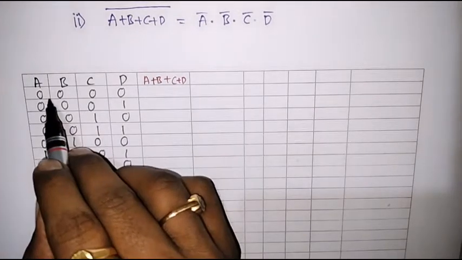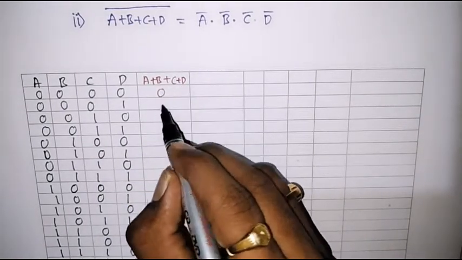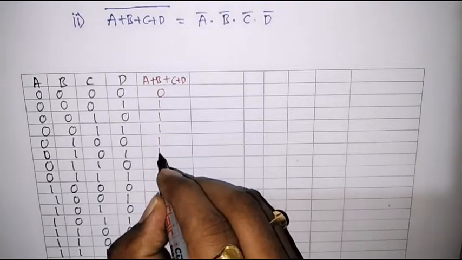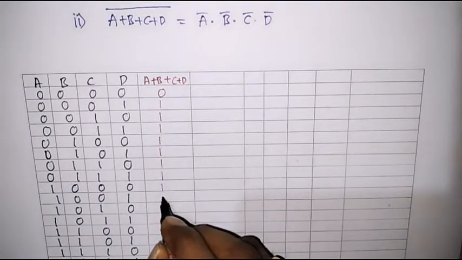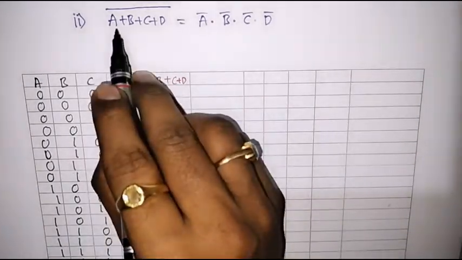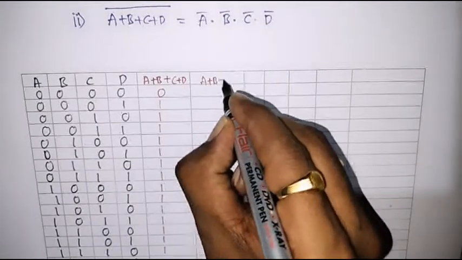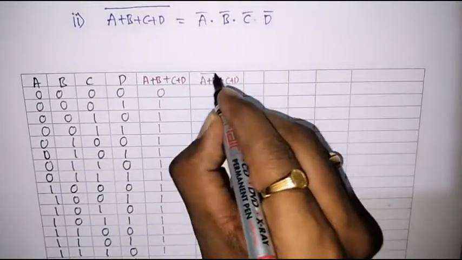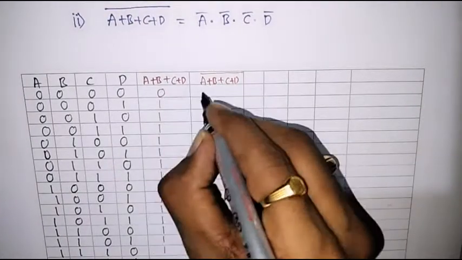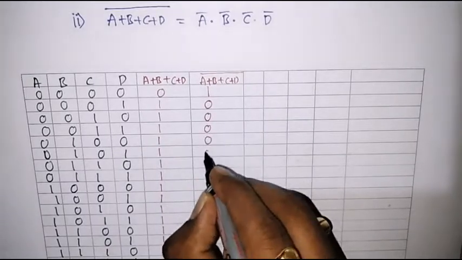So here all the inputs are 0, therefore the output A plus B plus C plus D is 0. In the rest of the cases it is 1. Now we'll take the complement of this, that is (A plus B plus C plus D) whole bar, my LHS part. The complement of 0 is 1, and the rest are all 0.